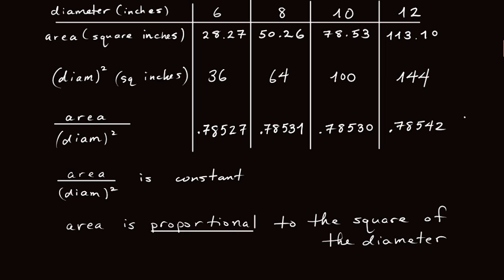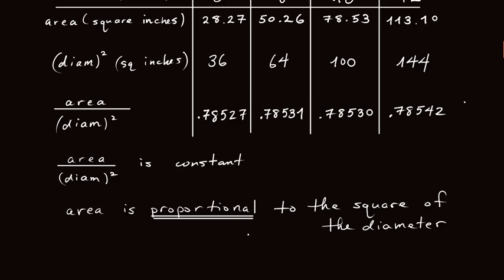Anytime you have two quantities, here I have a numerator and a denominator in a ratio, and if that ratio is always the same number, in this case 0.78527 or 0.7853, basically the same number, then we say that the numerator and the denominator are proportional. That's what we mean by proportional.